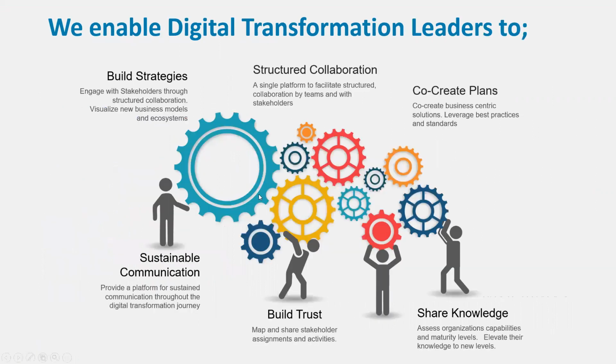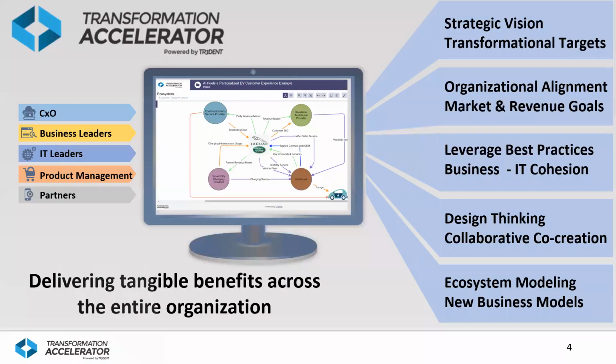So within our product, we're enabling business leaders to build the structure and the strategies they need, have that structured collaboration, create plans, build trust, and share knowledge in an effective and consistent way across the teams and across different types of data.